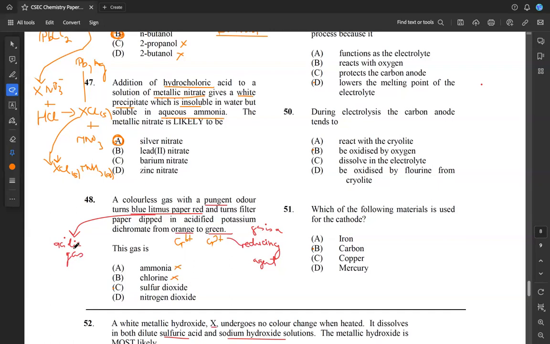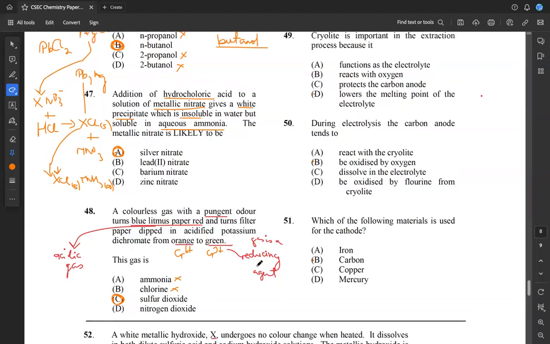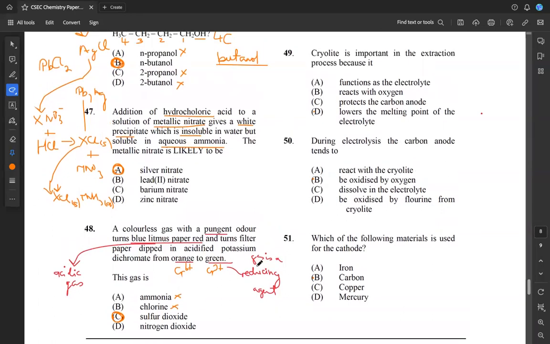Sulfur dioxide is an acidic gas, and it's also a very good reducing agent. So right away, we can stop at C, right? So the identity of our gas is sulfur dioxide, which is an acidic gas, and it's a good reducing agent, okay? All right. So now we move on to question 49.